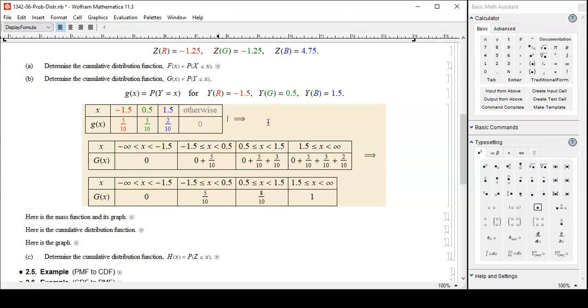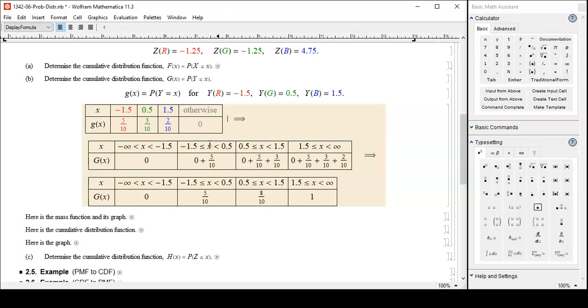So I need 4 columns here. So these 4 will do. And first, less than -1.5. Between these two, -1.5 to 0.5. And between these two, 0.5 to 1.5. And finally, 1.5 to infinity.